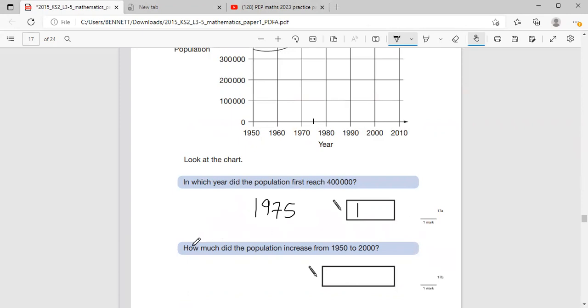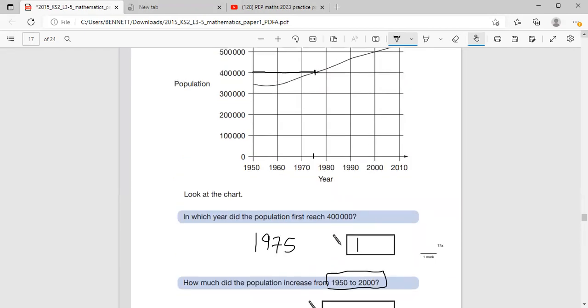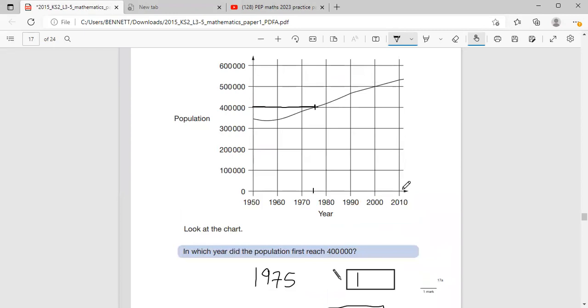How much did the population increase from 1950 to 2000? What we do is take the reading from 2000 and subtract. This is 2010, so this is 2000, and we're at exactly 500,000.